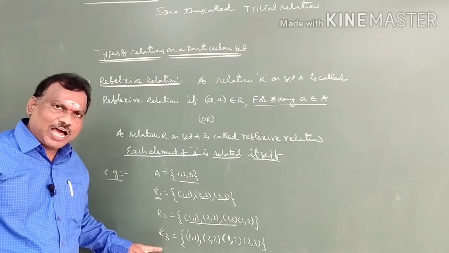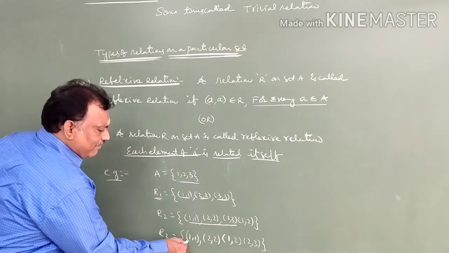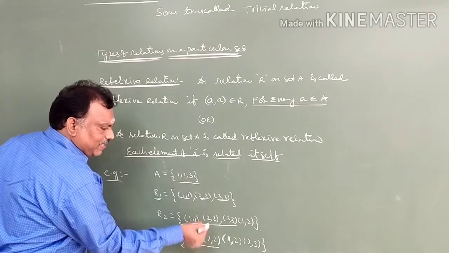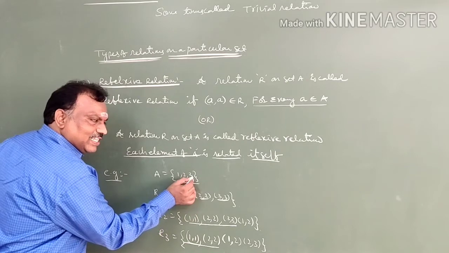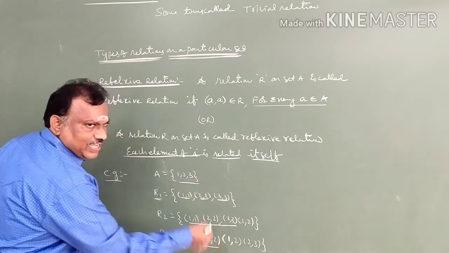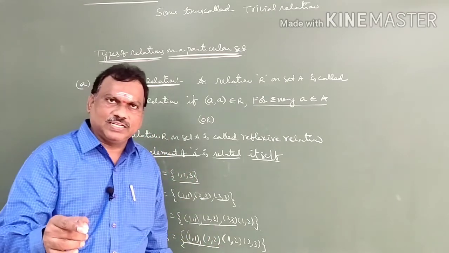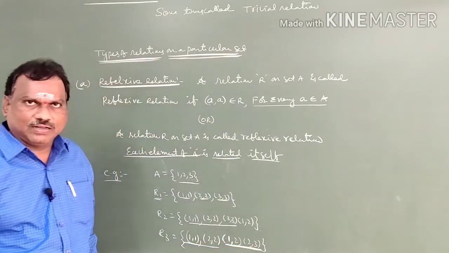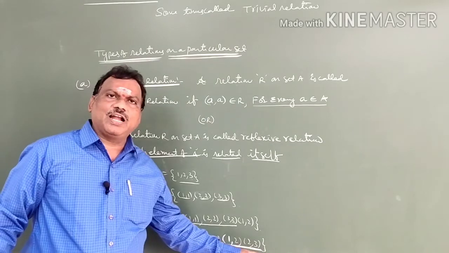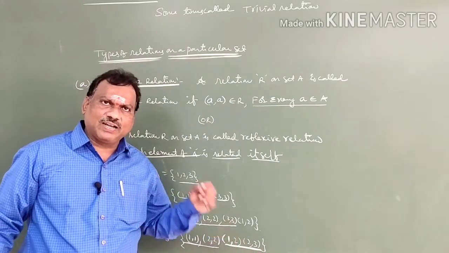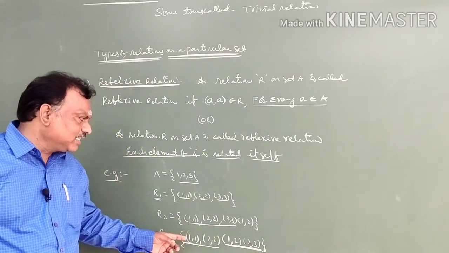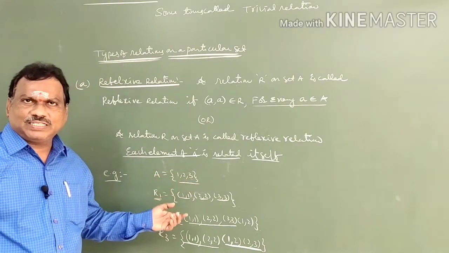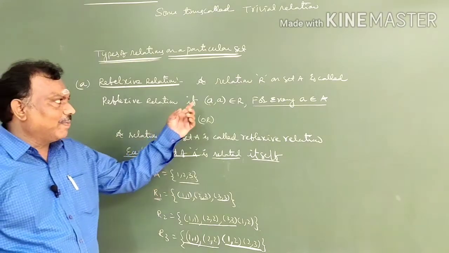When you go through the R3 relation, there is (1, 1) and (2, 2). 1 is there, (1, 1); 2 is there, (2, 2). But 3 is in the set A, and (3, 3) is not here. So it is not a reflexive relation. In addition, whatever other ordered pairs there may be, it is immaterial. What matters is that every element present in the set A must have the same image, like (a, a).